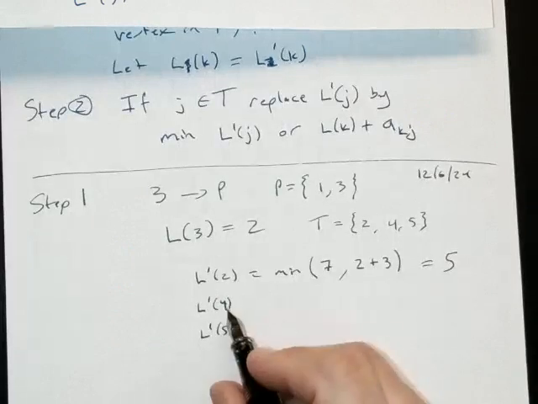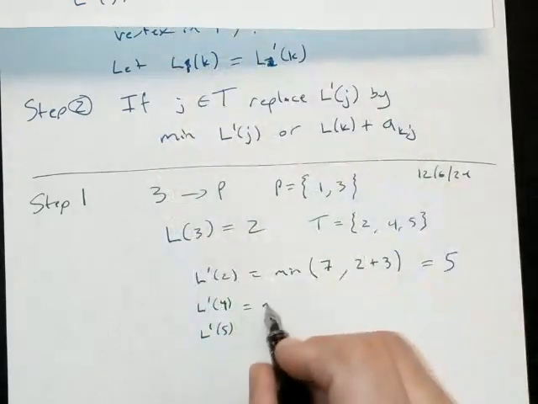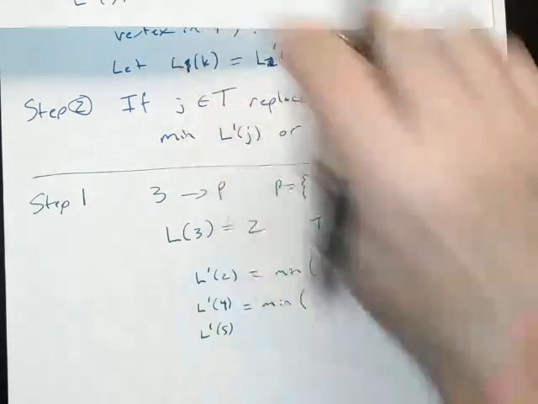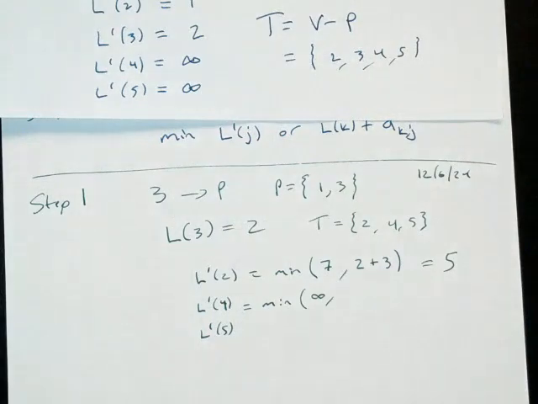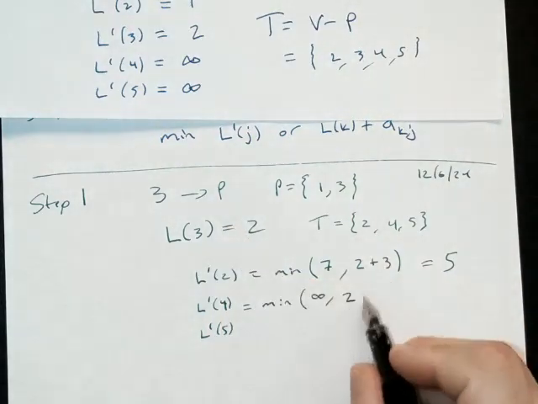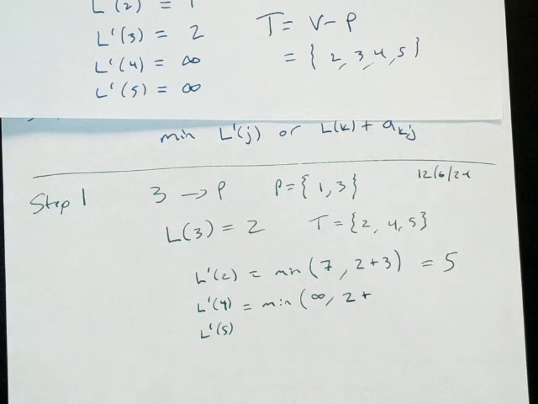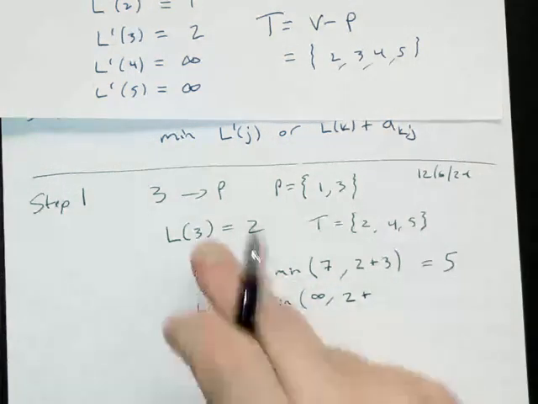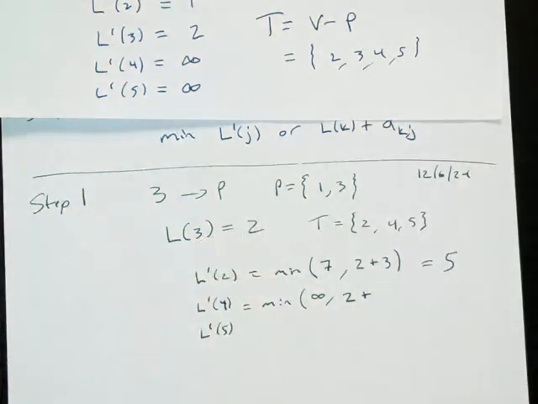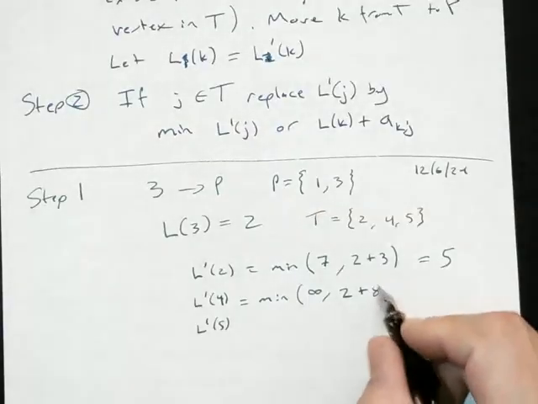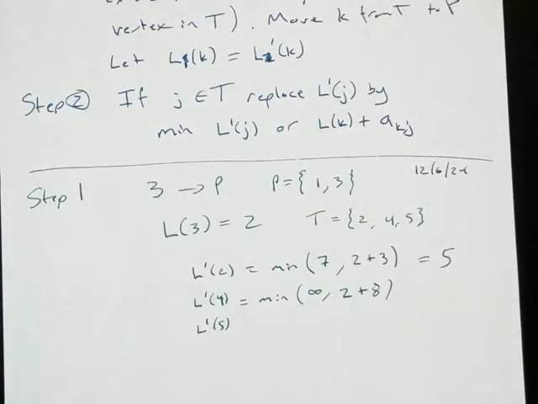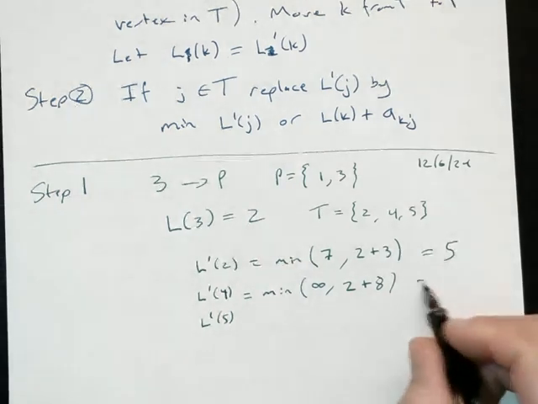Do it again for label 4. Label 4 is the minimum of either the current label, which is infinity, or the label we just marked plus how much it costs to go from vertex 3 to vertex 4. What's the cost to go from 3 to 4? Which is smaller, infinity or 10?